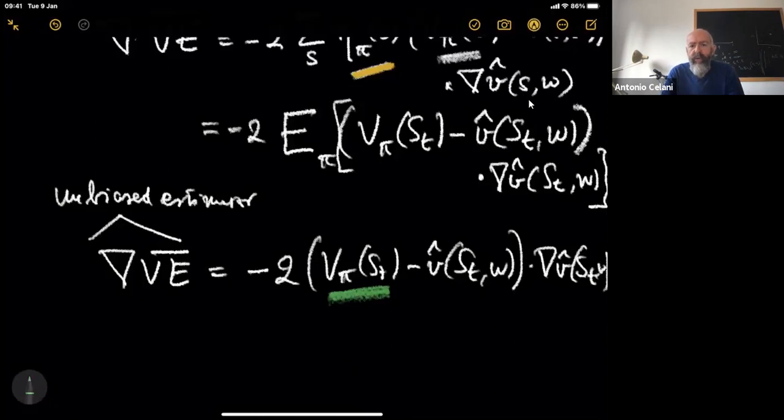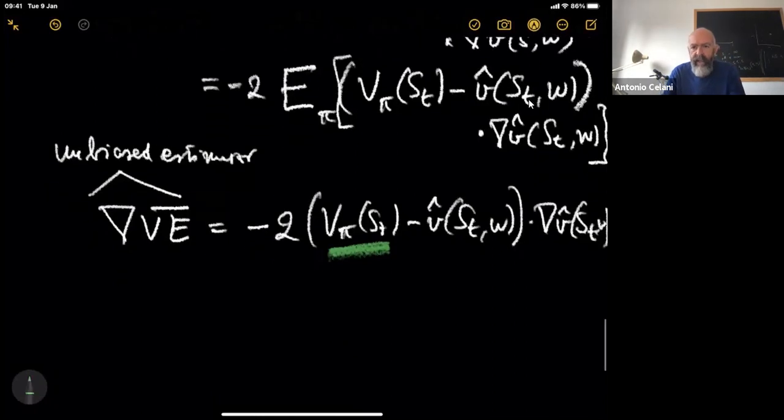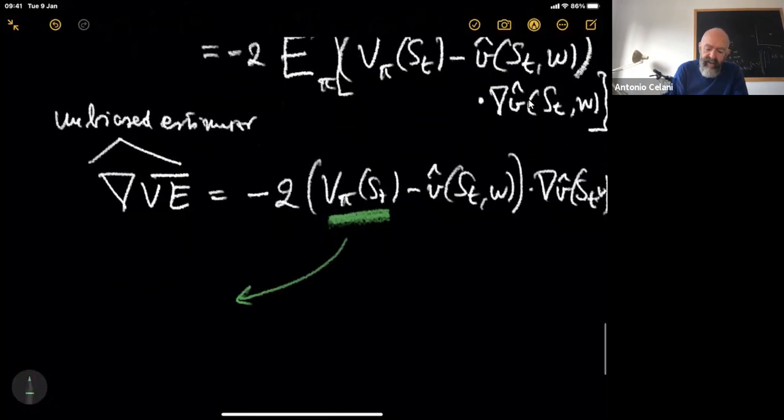So how do we do this? As we also had in the previous examples, we have two possibilities here. Possibility number one, we can do a Monte Carlo.